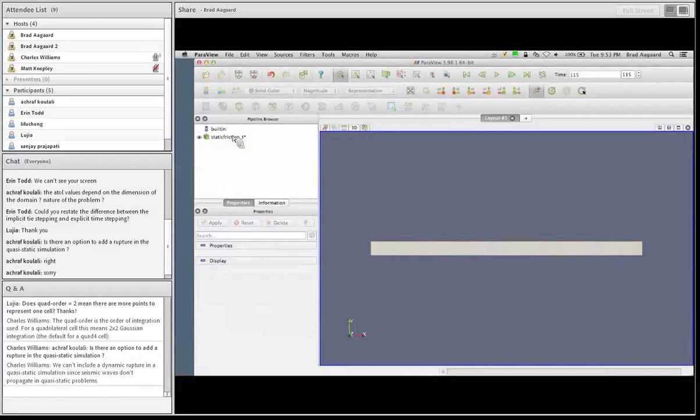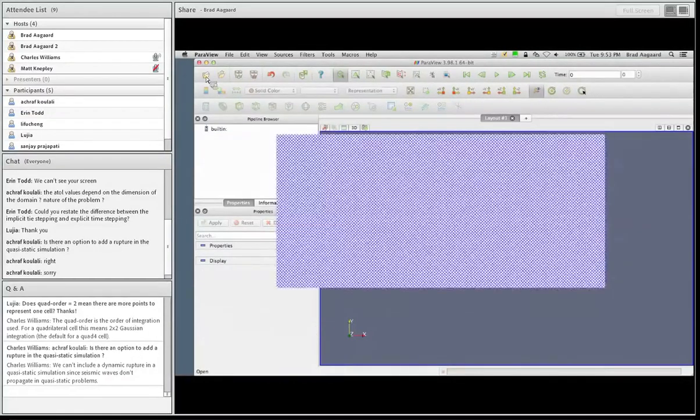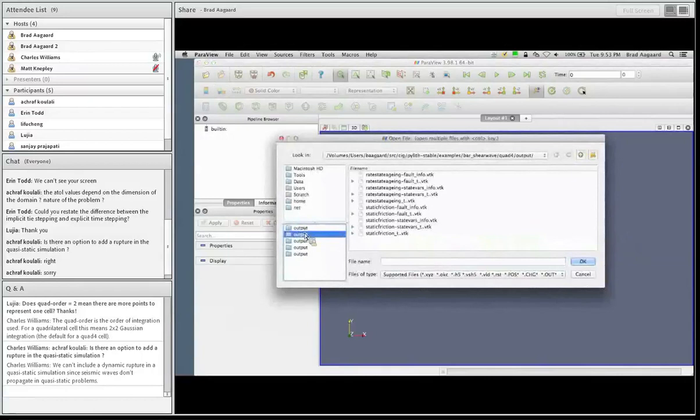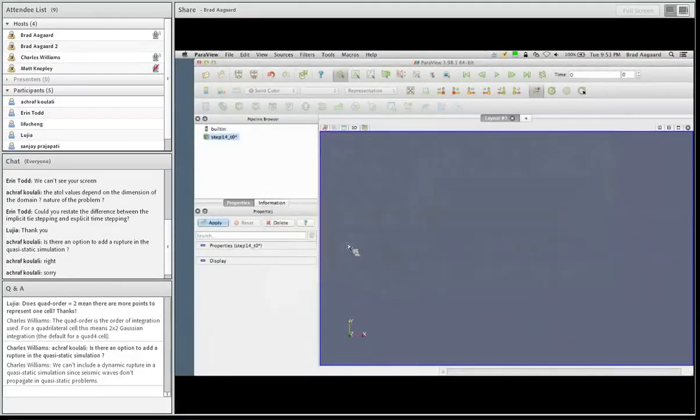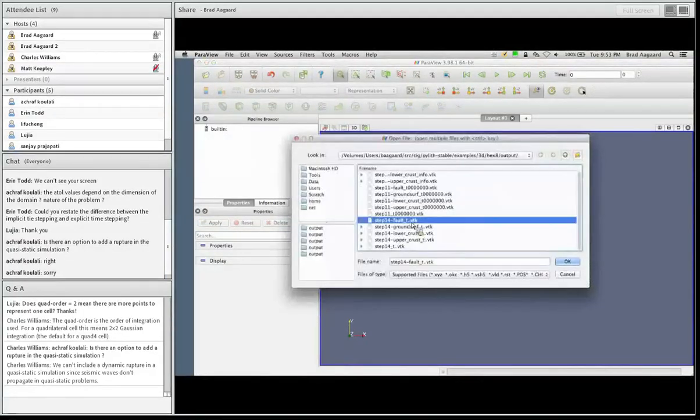But we could be getting garbage. So 3D Hex 8, step 14, let's look at, oh, this is the whole thing. Let's look at the faults and the ground surface.